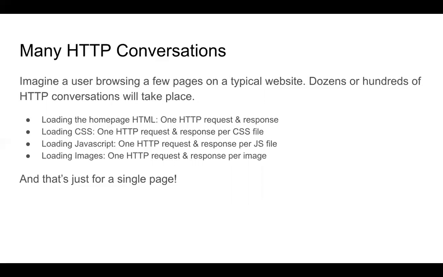The JavaScript is an additional request and response. And then every image on the page is an additional request and response per image. So you may have noticed that if you're visiting a particularly slow website, it's always the images that load last, and they always load one at a time. That's because there's a delay between making a request for each image and getting the response back. And that's just for one single page.